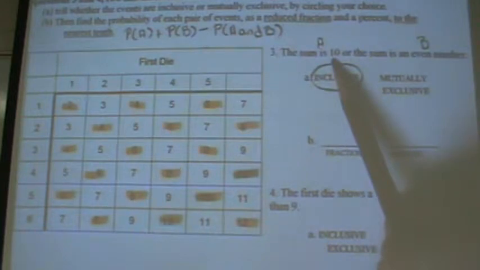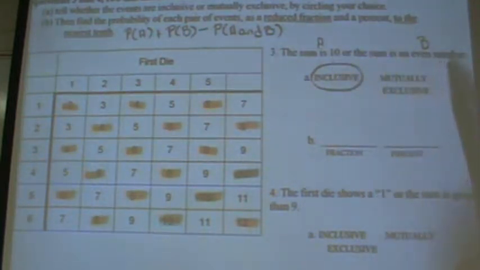So do we know if this is inclusive or mutually exclusive? This is inclusive. And it's inclusive because when the sum is 10, it can also be an even number. 10 is an even number. So these events can happen at the same time.